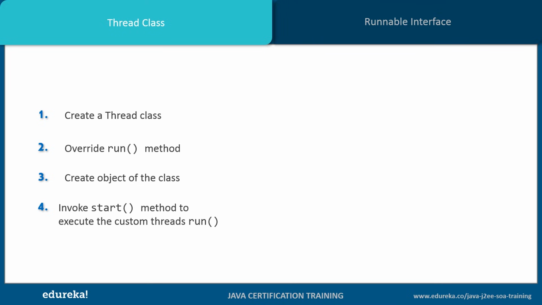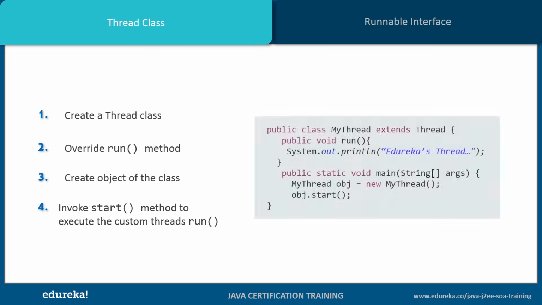You override the run method, you create the object of your thread class, and we invoke the start method, which will internally execute the run method. Here you can see a bit of code snippet coming in. There can be a class called MyThread extending Thread. We have a run method which will do some job, and in the main method you create the object of the thread and you just say start. The start method will internally execute the run method.